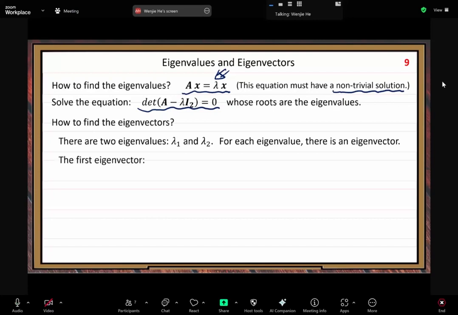All right. The first eigenvector, we assume, here this notation, x sup parenthesis 1, we assume this is the first eigenvector. It's unknown. We need to find it. So this vector is unknown. We need to solve this equation for the first eigenvector.